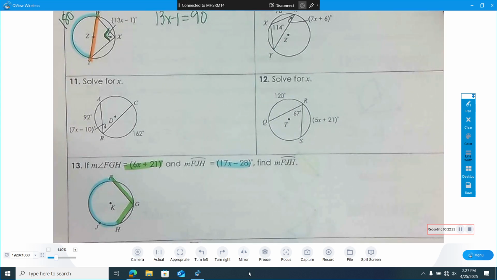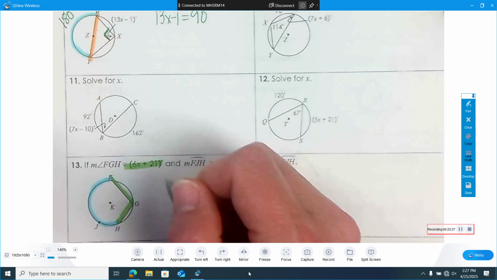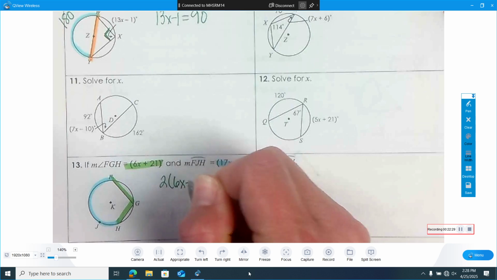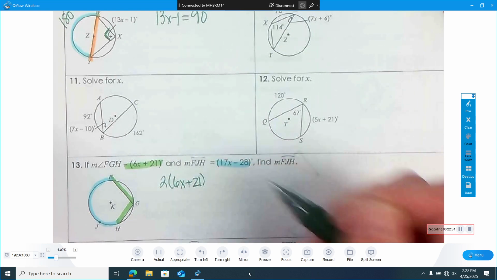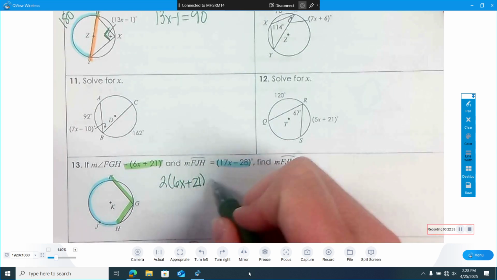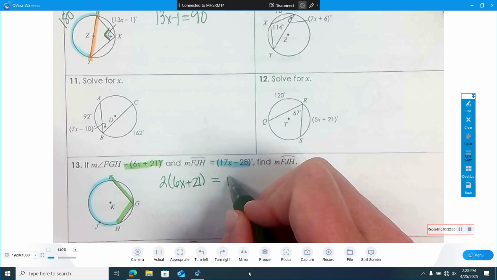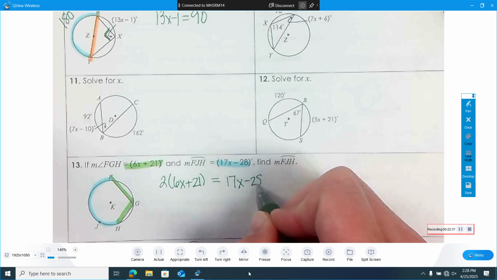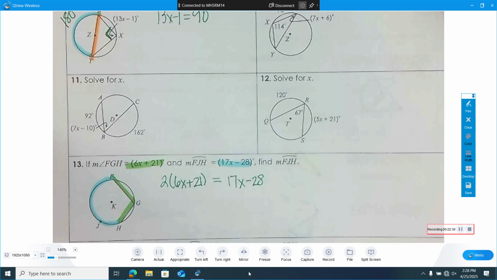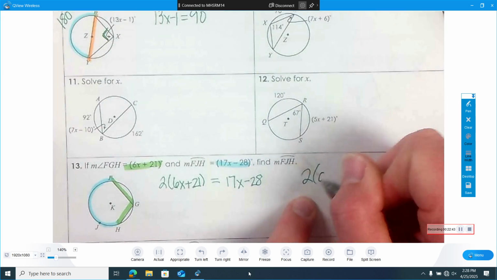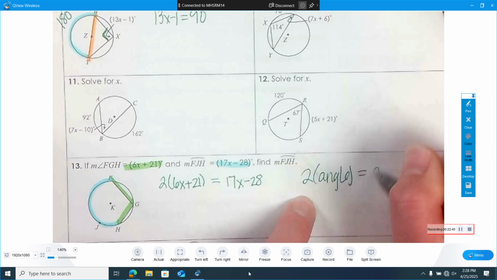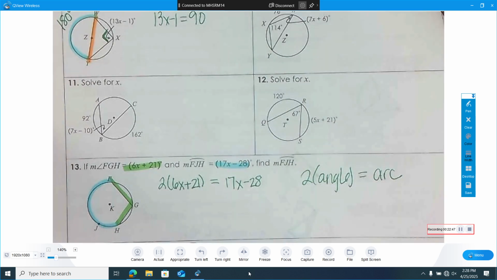What's the relationship between the angle and the arc? Yes. Twice the angle is equal to the arc measure, and so that is exactly how we would set that up. Twice the angle equals the arc, if you were to think about it that way.